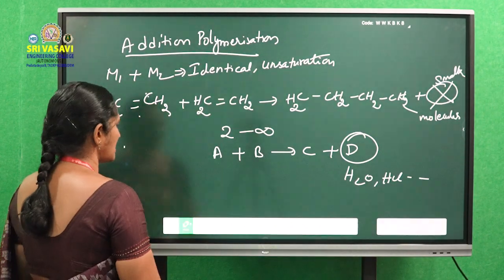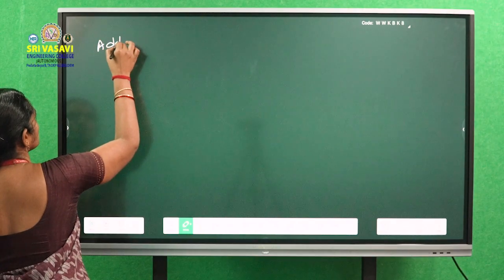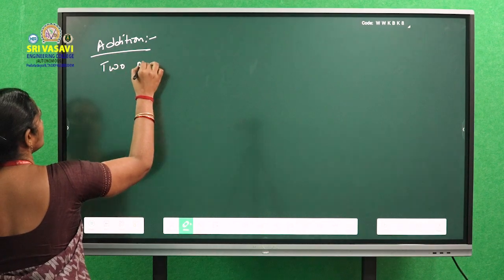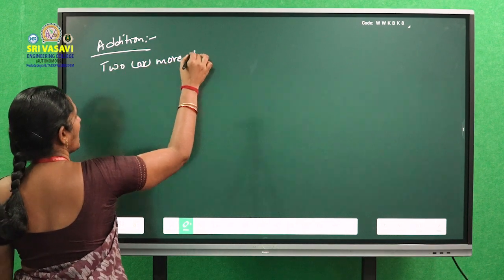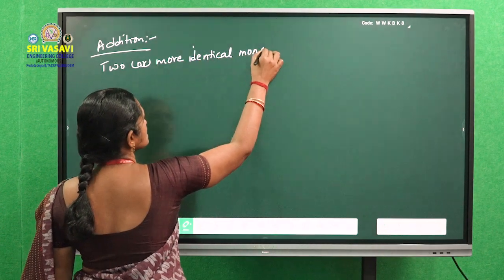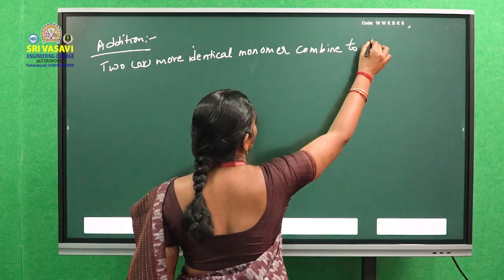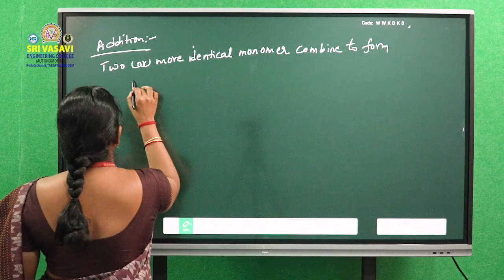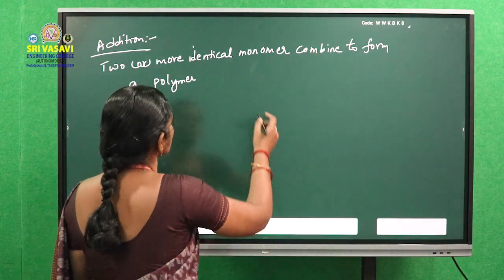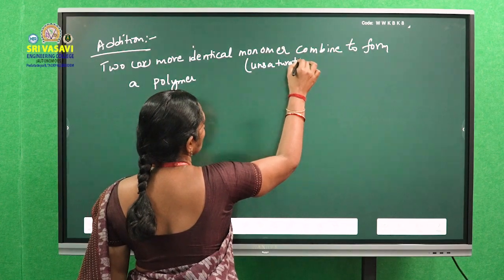Now let us write the definition. What is addition polymerization? Two or more identical monomers combine to form a polymer. The basic requirement is that it should definitely contain unsaturation, a double or triple bond.